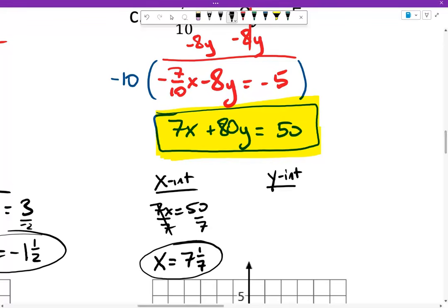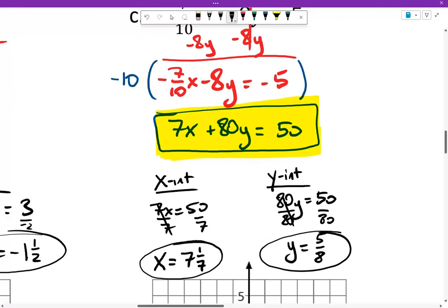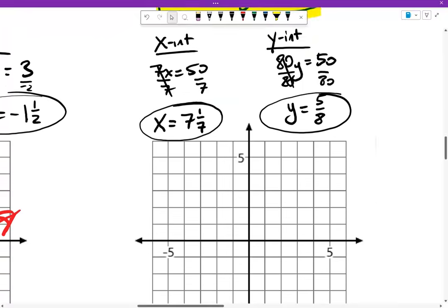For my y-intercept, put 0 in for x. So 80y equals 50. Divide by 80. And y equals 50 over 80, or 5/8. Just take off those zeros.